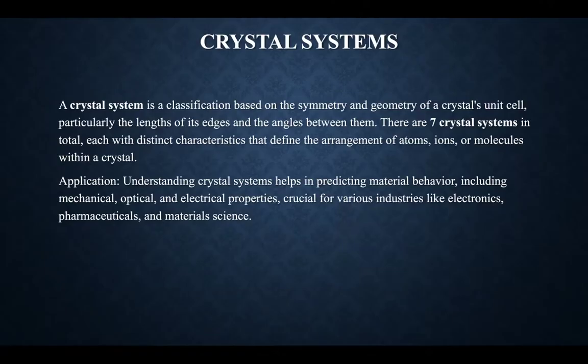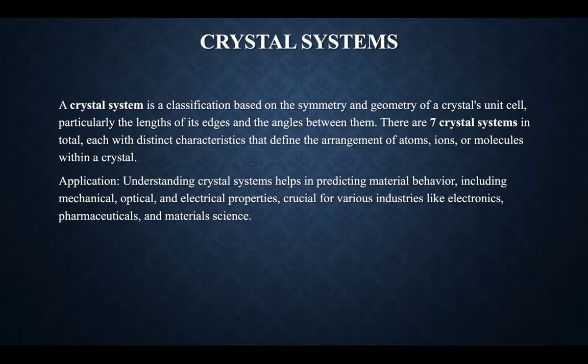The next is crystal systems. What is a crystal system? It is a classification based on the symmetry and the geometry of crystal unit cells, particularly the length of its edges and the angle between them. There are 7 crystal systems in total, each with distinct features, defined by the arrangement of atoms, ions, or molecules within the crystals.